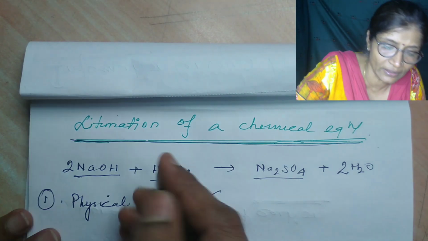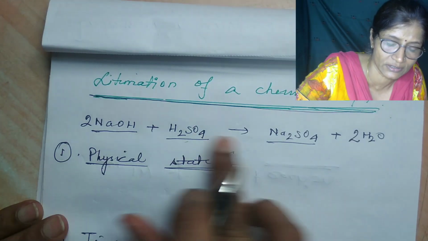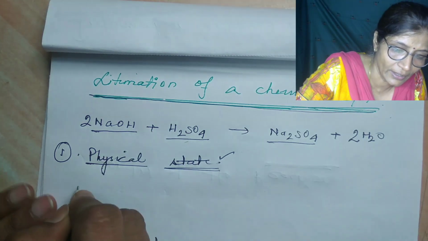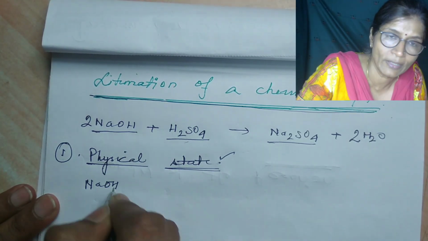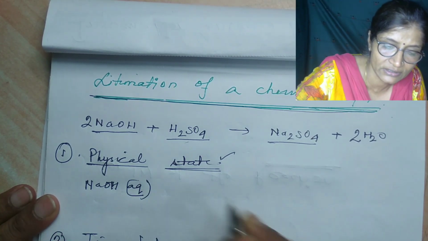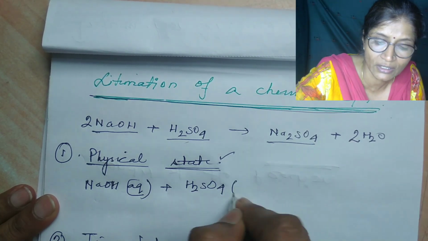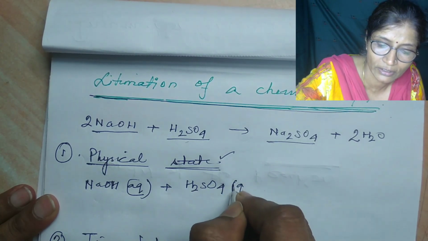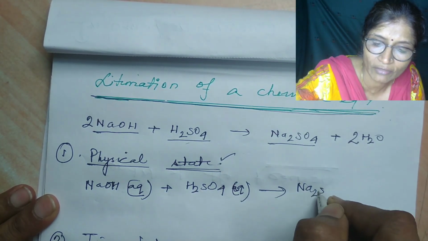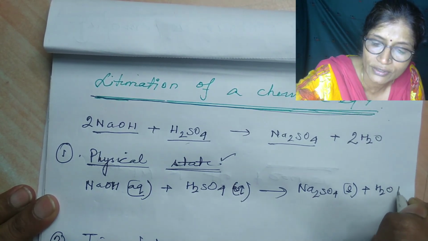First thing is to indicate the physical state of the substance. For example, in this reaction, since we are taking sodium hydroxide solution in water, NaOH is aqueous. Sulfuric acid is again in the aqueous state, and that will give you sodium sulfate. Here the sodium sulfate formed is in the solid state and the water formed is in the liquid state.